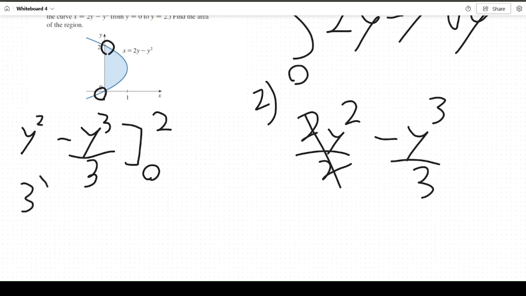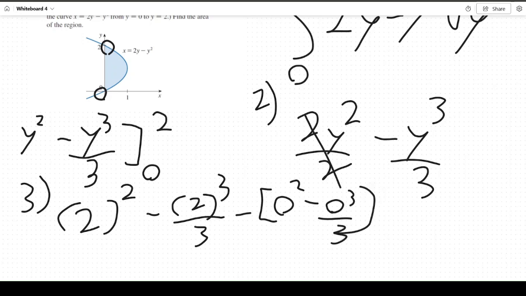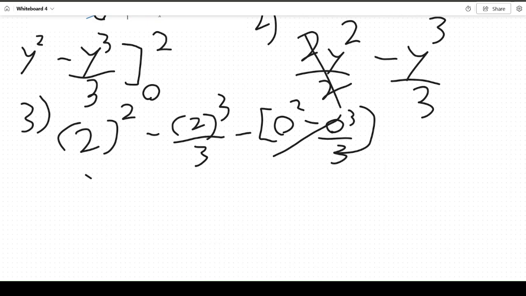So this is step 3, plug in the y values. From 0. 2 squared is 4. 2 to the power of 3 is 8 over 3.